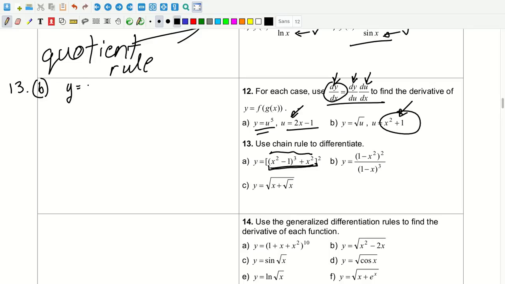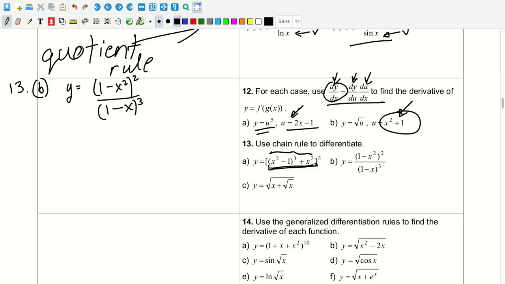Okay, y equals 1 minus x squared over 1 minus x cubed. I said maybe you need two substitutions. I don't actually think you do when I look at this. There's some magic I can do here.